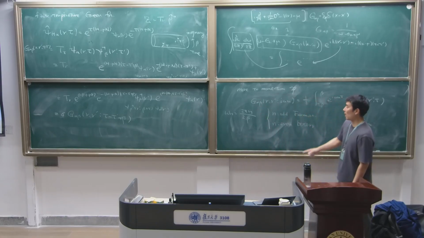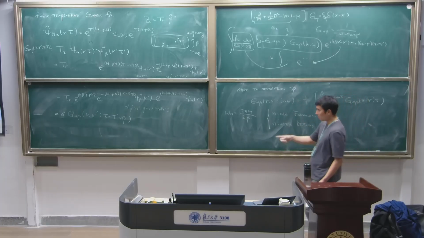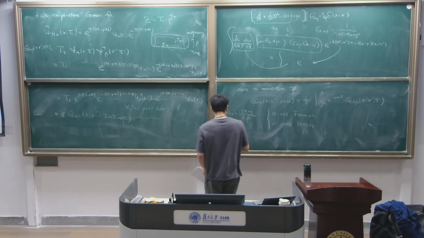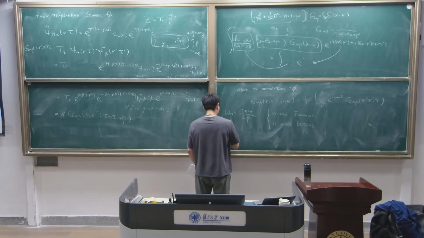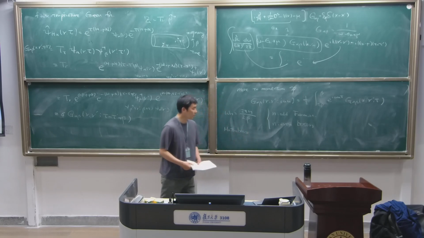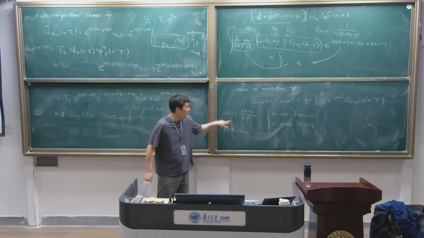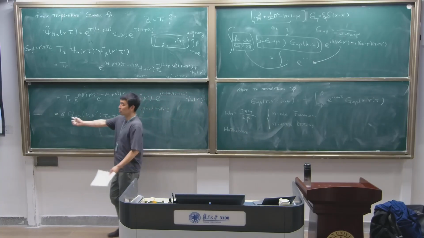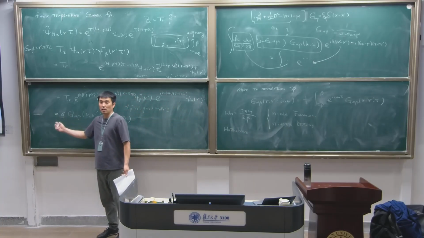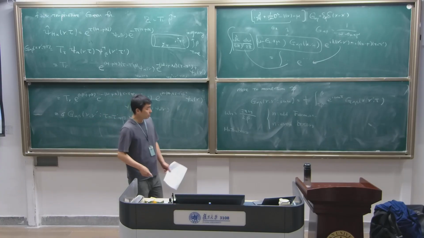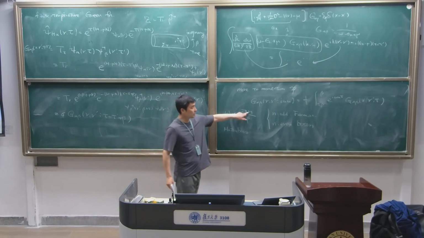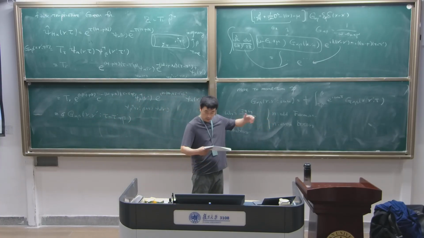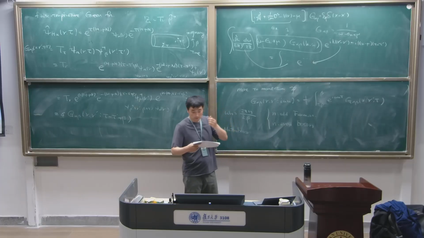So for this time frequency, sometimes called the Matsubara frequency, for imaginary time frequency, it's just the same thing. For n, it has to be odd because there's a sign issue, so the minus sign you need to get. So therefore, n has to be odd for fermion, and n has to be even for boson.